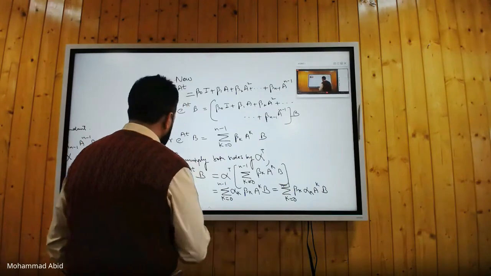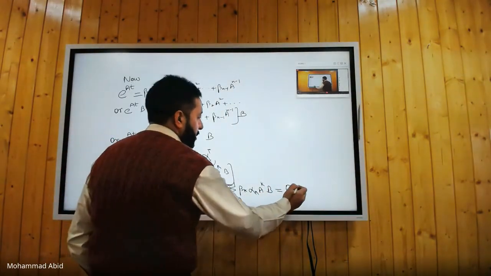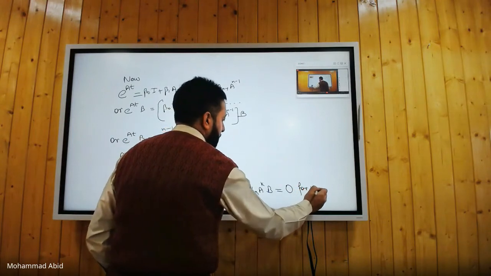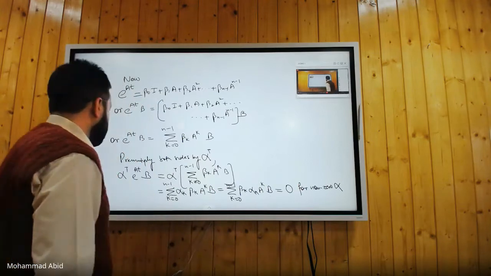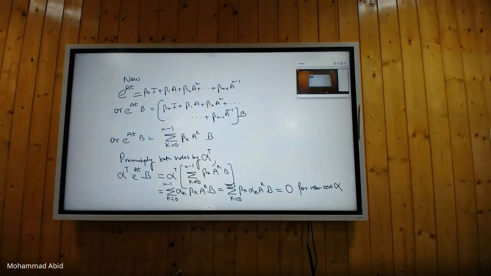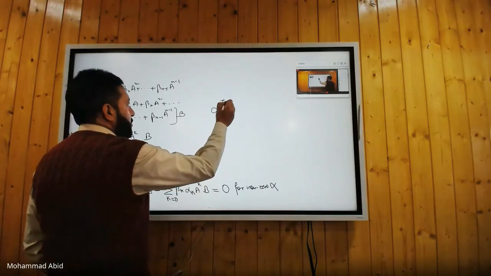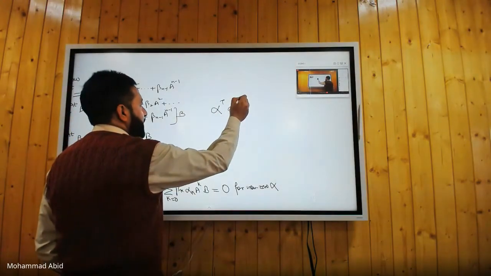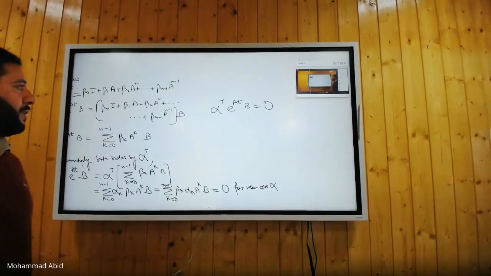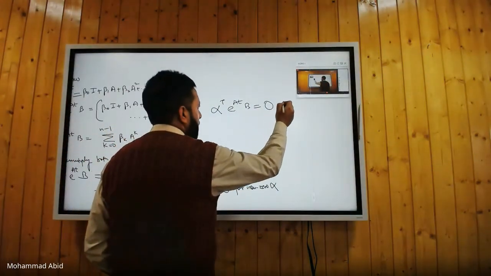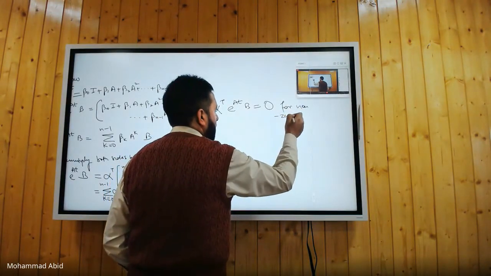So this whole becomes equal to 0, because already we have taken this alpha vector as a non-zero vector. So what I get from here is that alpha transpose e to the power At B is equal to 0 for non-zero alpha.